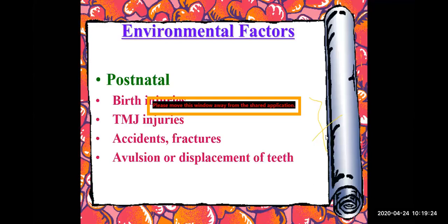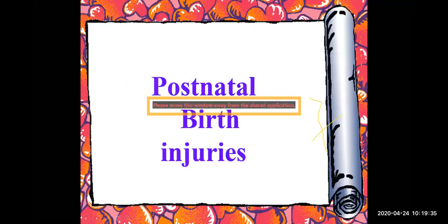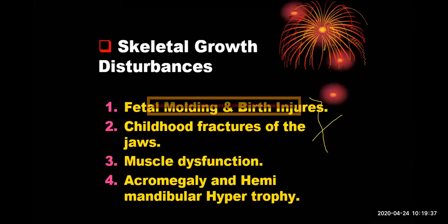Then the TMJ injuries, then the accidents and fractures. So some injuries happen during the fetal molding. Okay, then sometimes fractures might be there, and sometimes there is muscle dysfunction.